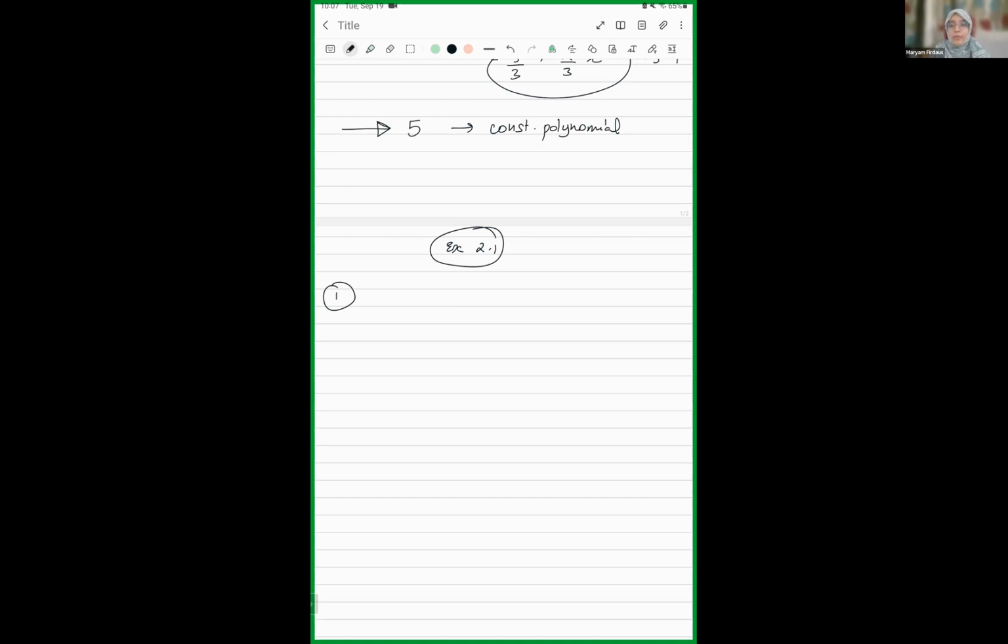They are saying polynomials in one variable, so you have to be careful about the number of variables also. You have to see two things. Number one, is it a polynomial or not? And number two, is it a polynomial in one variable? So the first part, 4x square minus 3x plus 7, Abdul Jabbar, that goes to you.